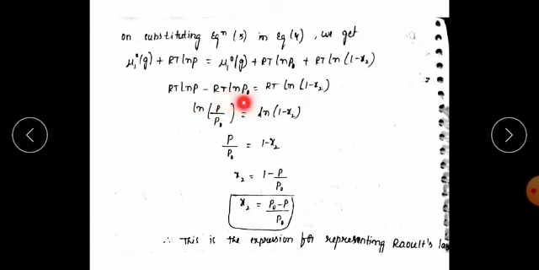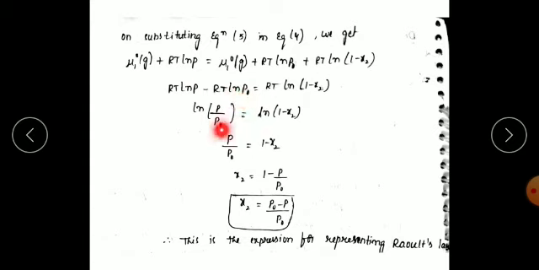This ln P minus ln P naught is another way of writing ln P by P naught. This is the formula of log A by B: log A by B is nothing but log A minus log B. So we replace ln P minus ln P naught as ln P by P naught.